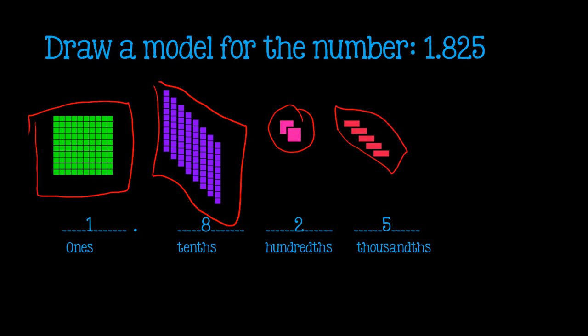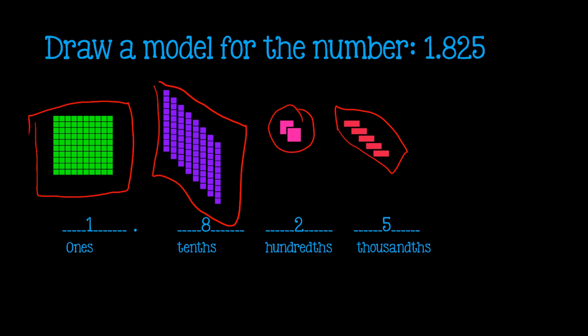So our number would look like this on your screen. We read it as 1 whole and 825 thousandths, or 1 and 825 thousandths.